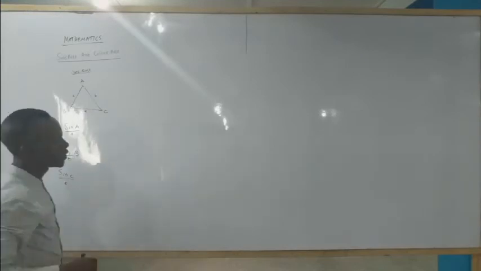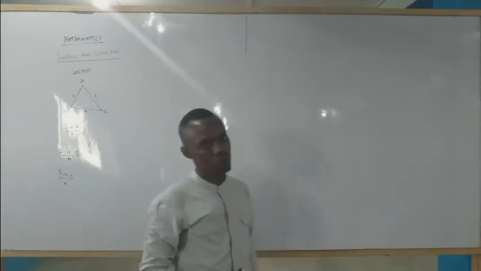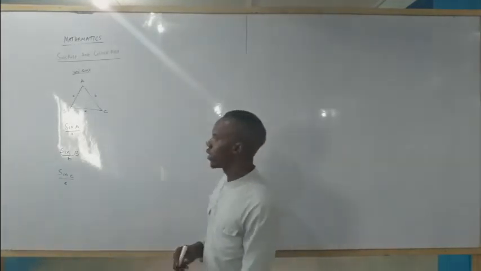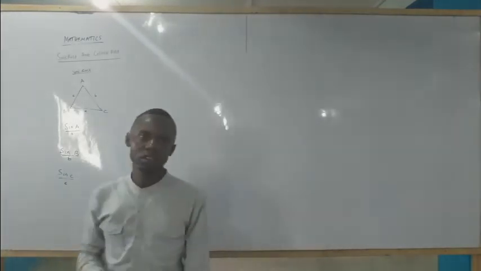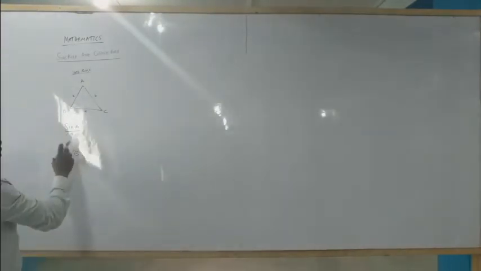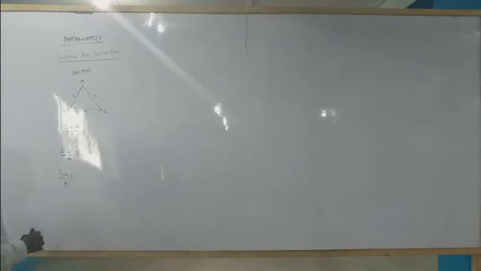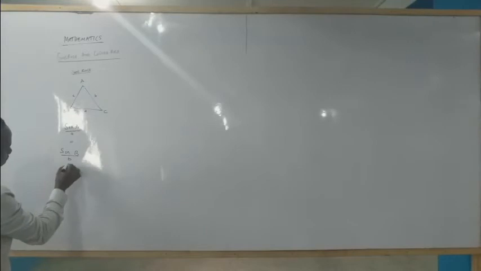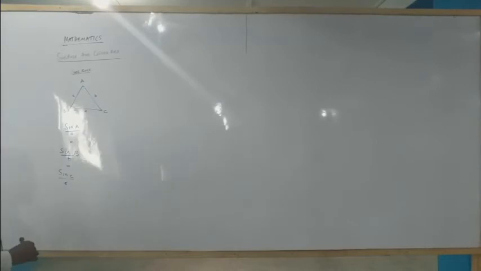So the sine of each angle to its corresponding, opposite side are equal. So we are saying that sine A over a is equal to sine B over b is equal to sine C over c.